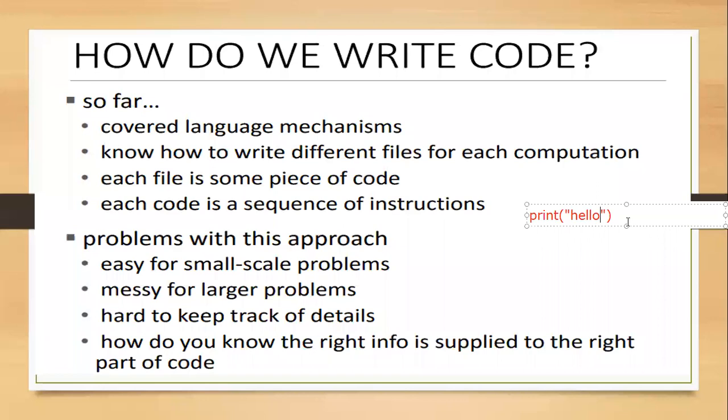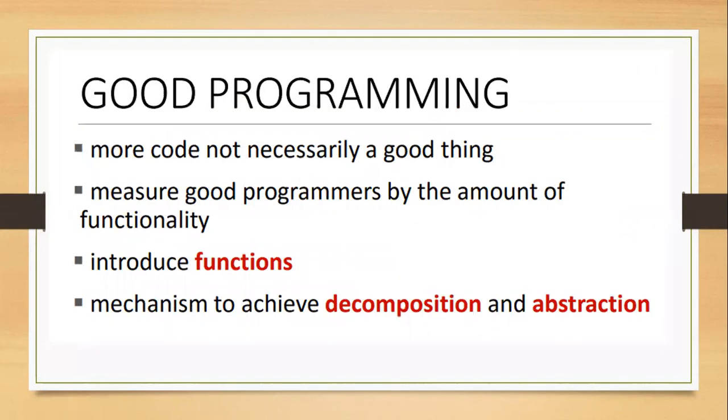We have to keep repeating because every code is evaluated as just itself. How do you know the right information is supplied to the right part of code also becomes very difficult. So that's something that we must have in our mind, that if we work with code and we are not making it in a functional manner, then that will be a problem.